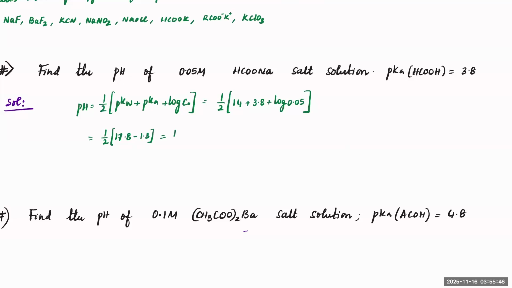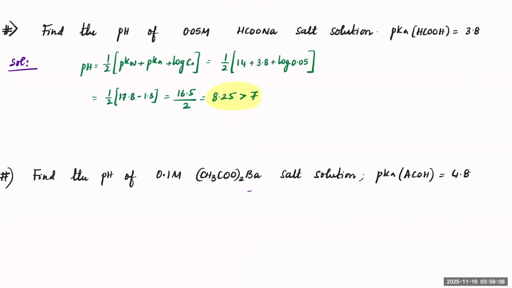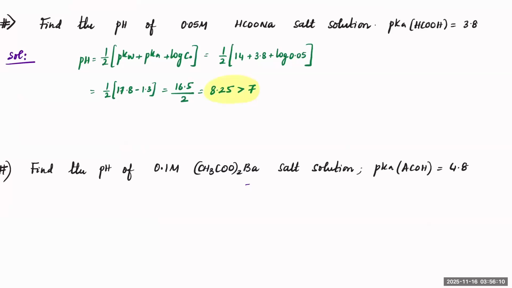So that makes it 16.5 divided by 2, which is 8.25. So you can notice that it is greater than 7 and it has to be greater than 7, correct? So the solution now has turned out to be basic, correct? So that will be the value of pH. Everybody clear how to use it directly as a formula?